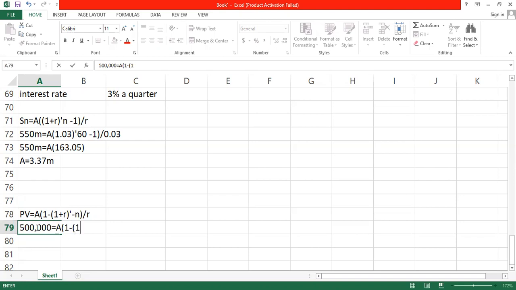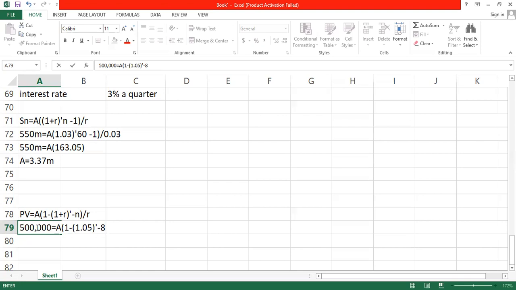What will be our rate now? 0.055, that is 5.5 percent. The exponent is what? 8 quarters. We have 4 quarters in 1 year, so 2 years is 8 quarters. So negative 8.